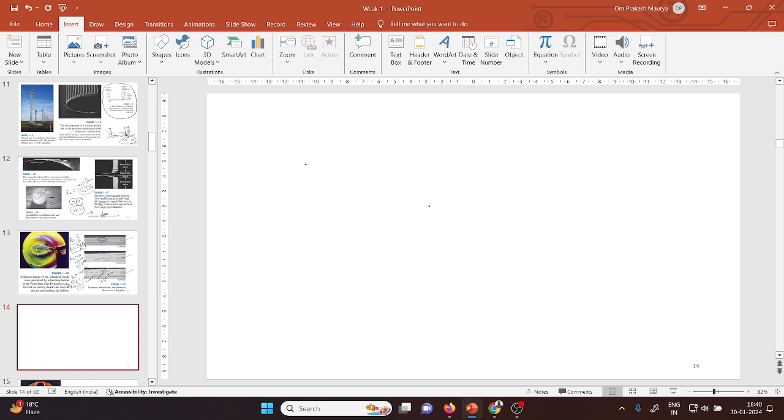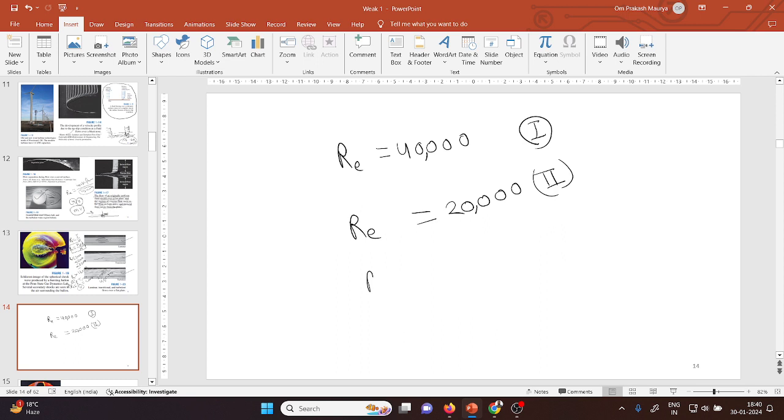Okay, the Reynolds number here is like 40,000. This is case 1, and the Reynolds number in the other case is 20,000. This is case 2. And you all know the Reynolds number is the inertia force divided by the viscous force.